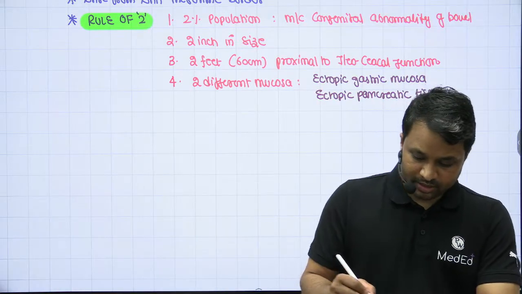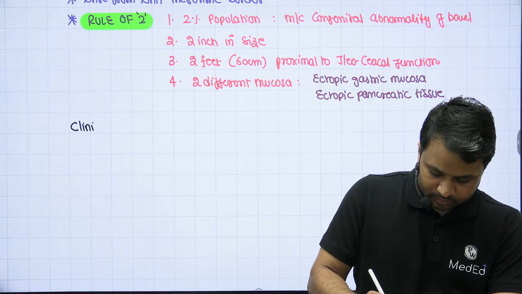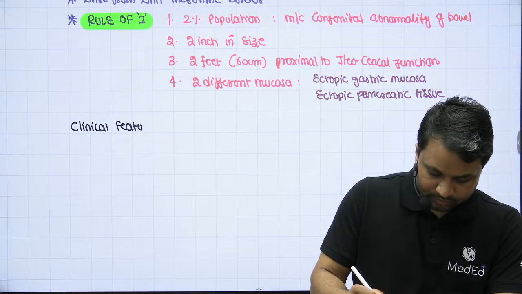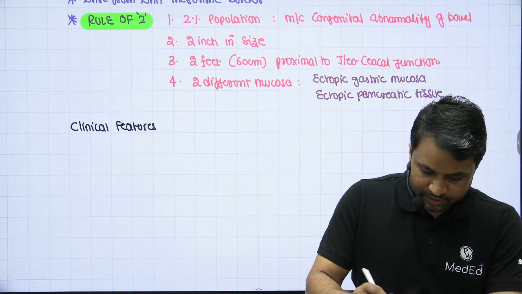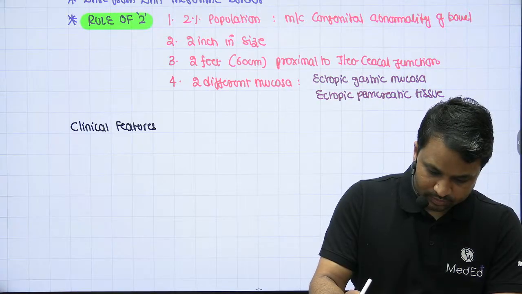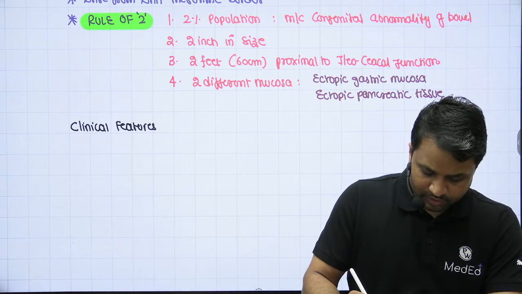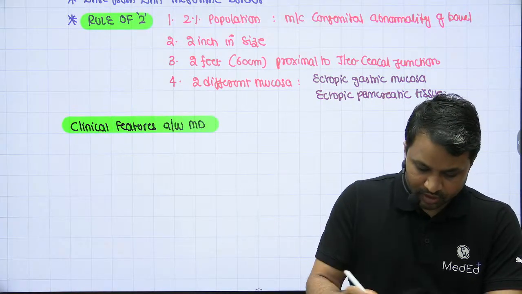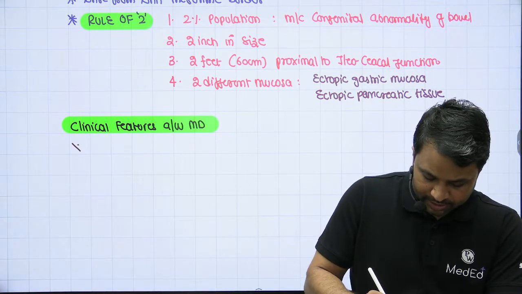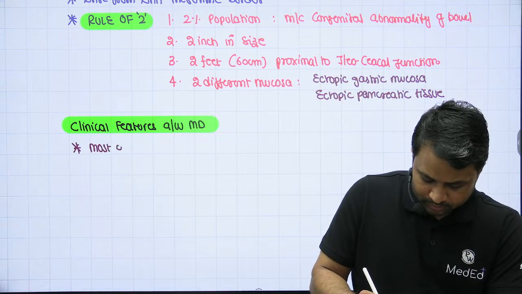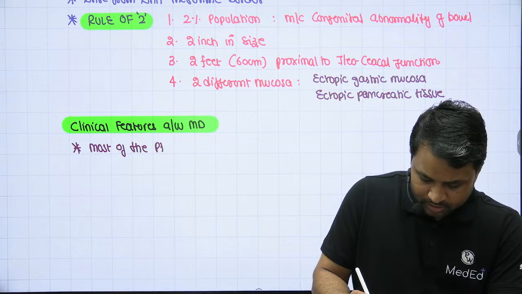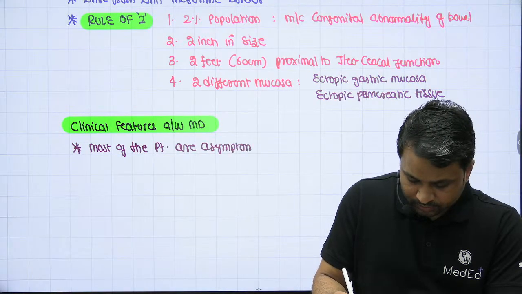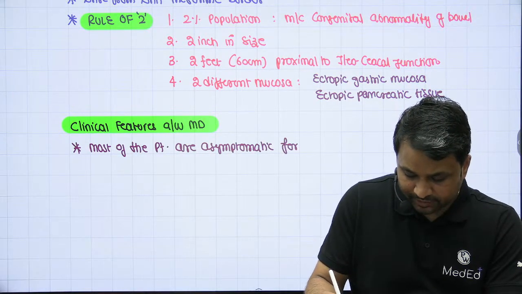So let's talk about the clinical features associated with Meckel's diverticulum. Now remember, most of the patients are asymptomatic. They are asymptomatic for life.